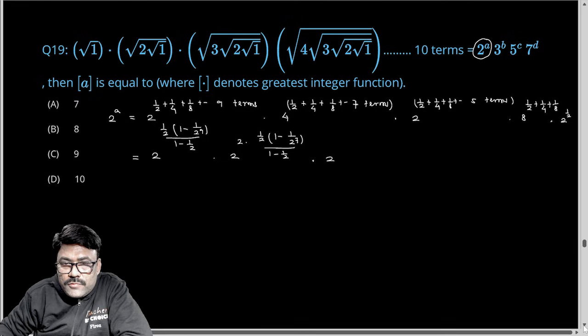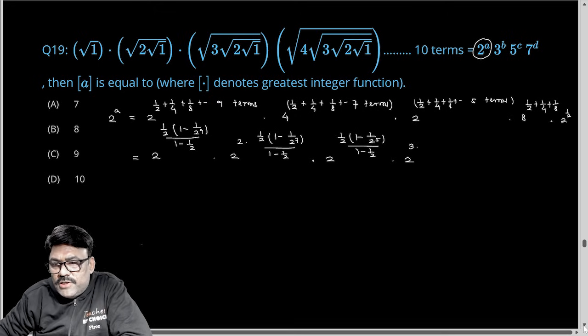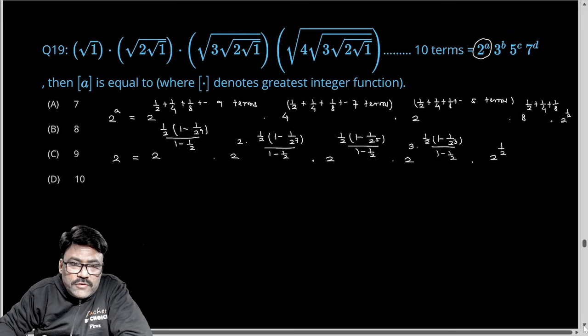Then 2 raised to half, number of terms 5, so 1 by 2 raised to 5 over 1 minus 1 by 2. Then 8 can be written as 2 raised to 3, and here 3 terms only, so 1 by 2 plus 1 by 4 plus 1 by 8, so 1 by 2 raised to 3 over 1 minus 1 by 2. And one more 2, power of 10, so 2 raised to half. So now if I equate the power of 2 from both sides, so A will be what?